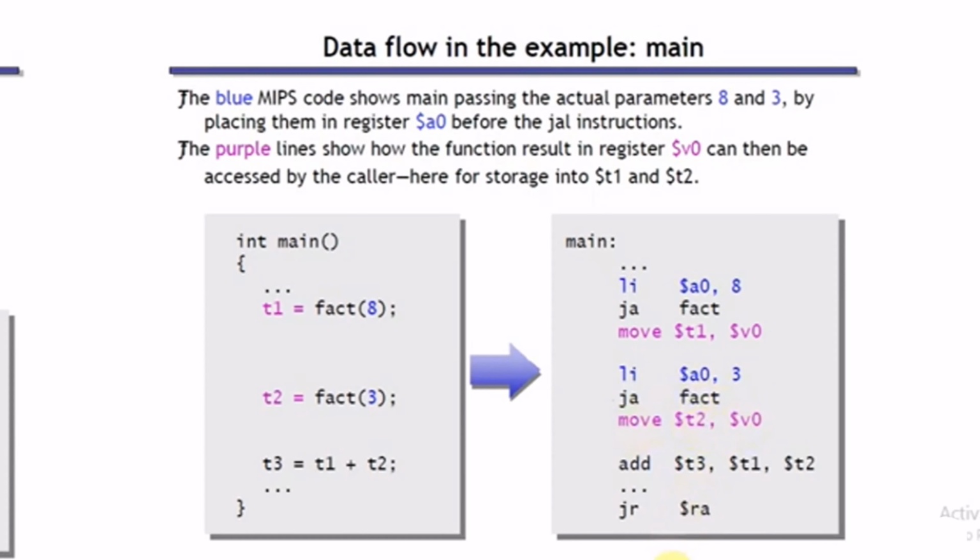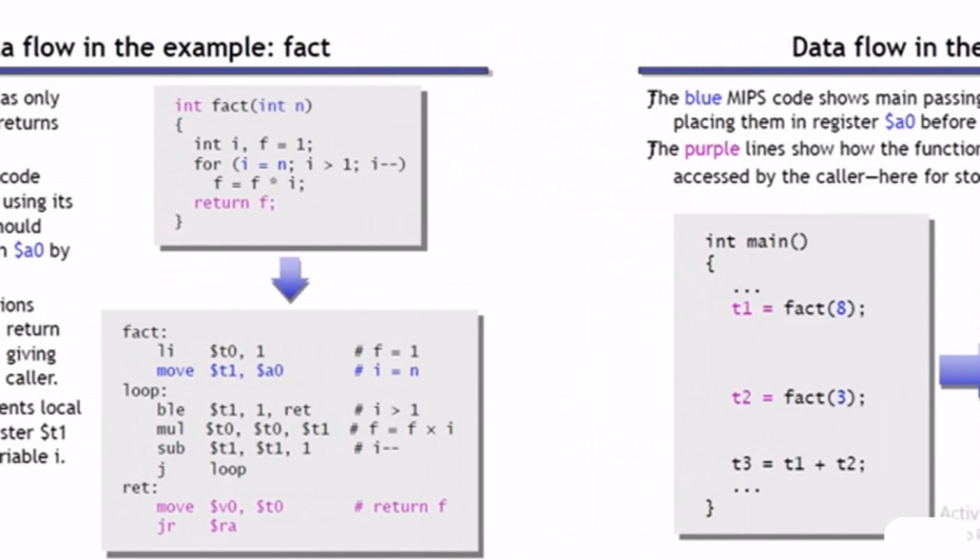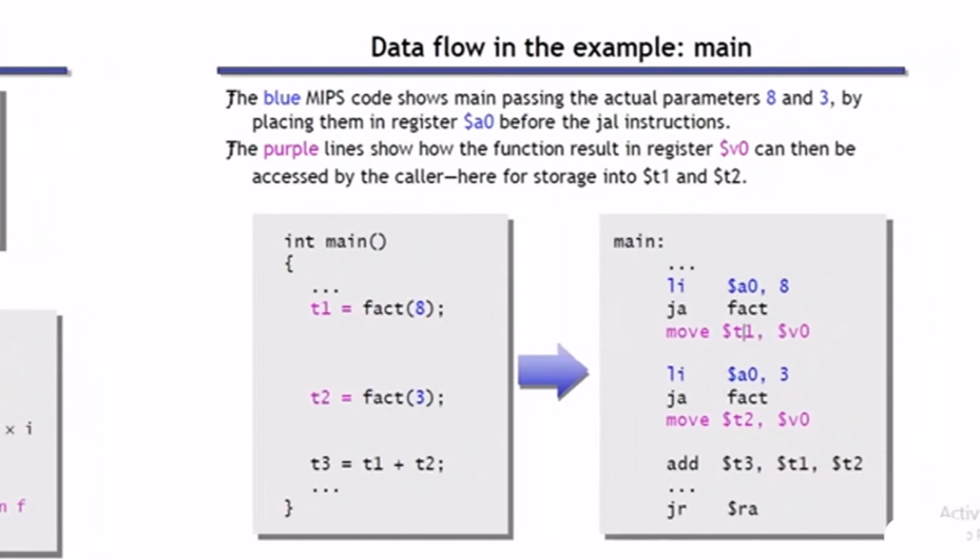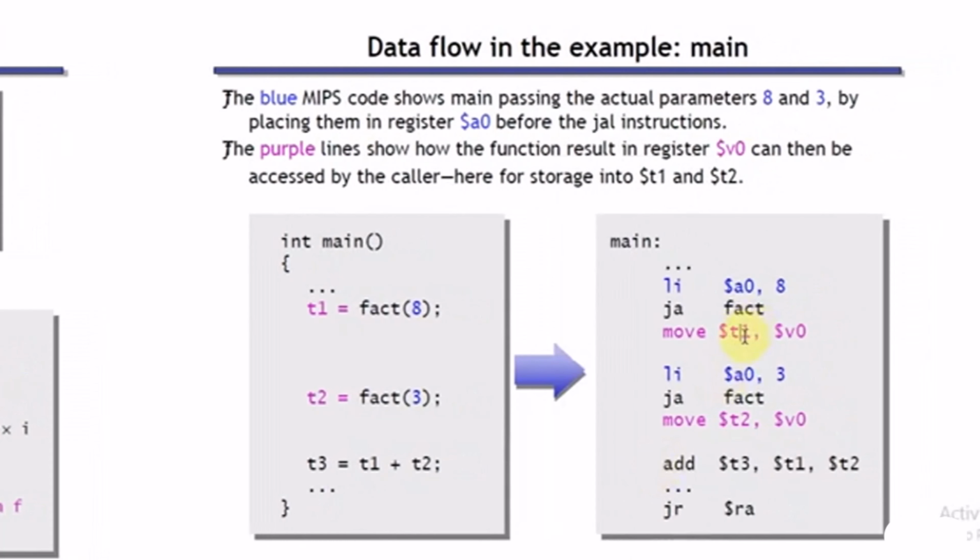Let me check which can be used. Yes, $t2 is free. So instead of $t1, we should use $t3 or $t4. And finally, these two answers should be added to each other. You can add them and save the result in some place.